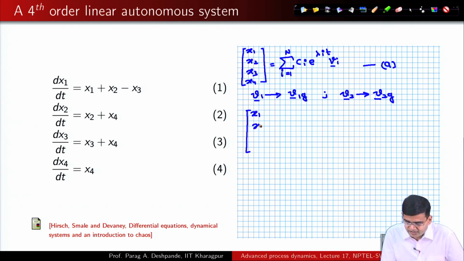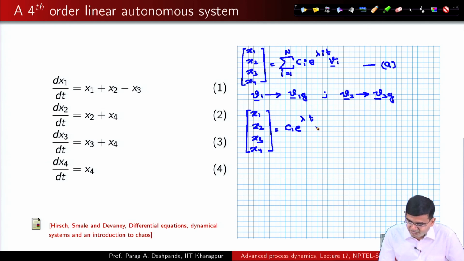x 1, x 2, x 3, x 4 would be equal to C 1 e to the power lambda t. In fact, in this case we have only one lambda, so let us not worry about the index of lambda; otherwise, you will have to multiply with the corresponding eigenvalue. Okay.